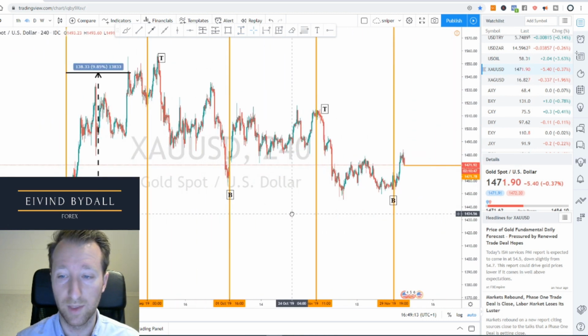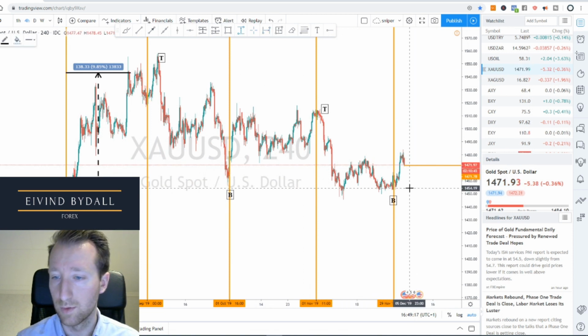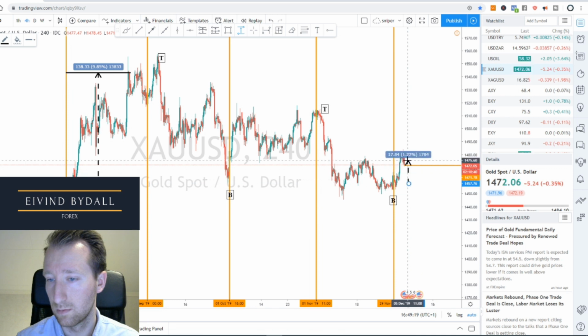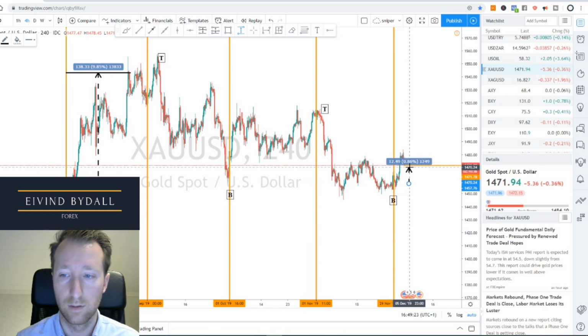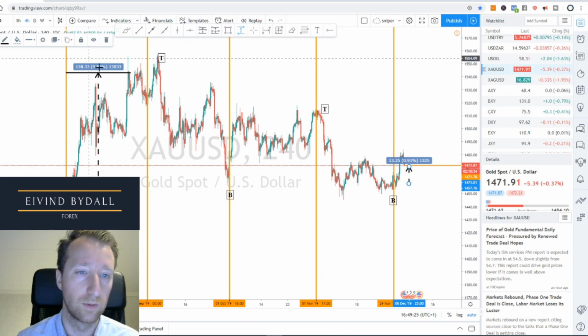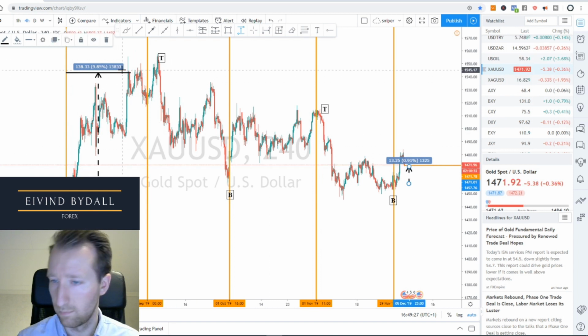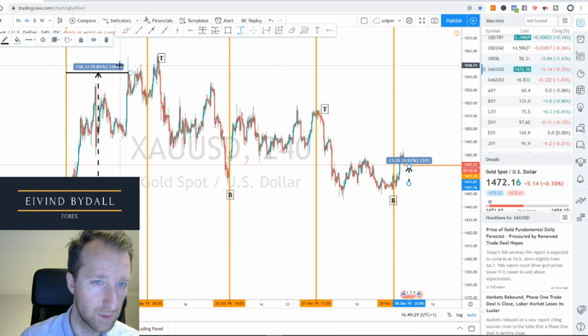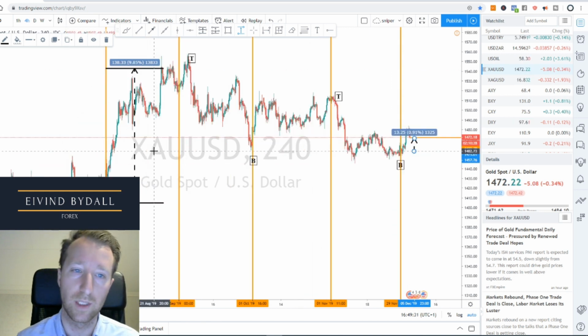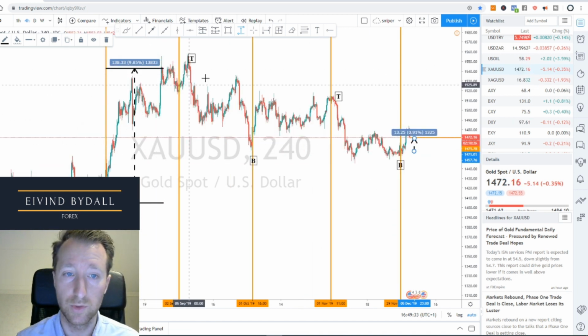Correct me if I'm wrong, but that's what I think it is. Let me just check one decimal. Yeah, $1,300 I would say. How long does it take? It takes you a month.